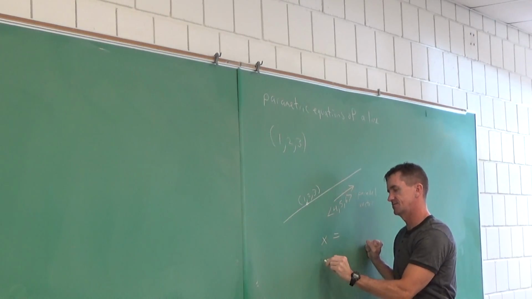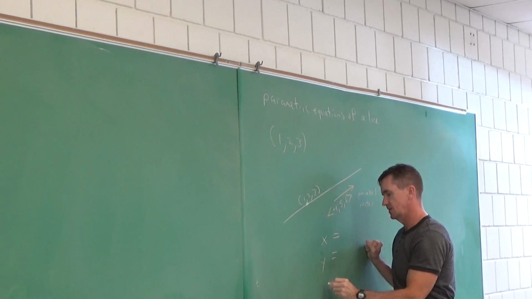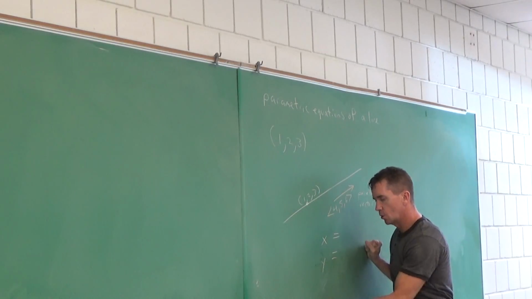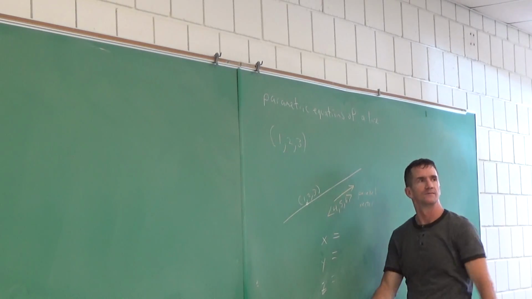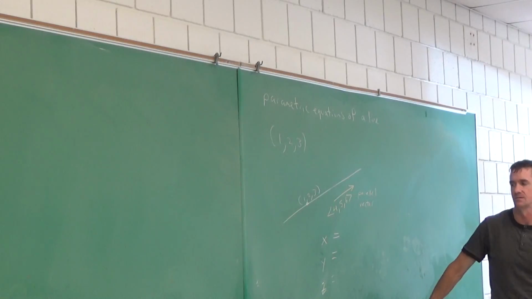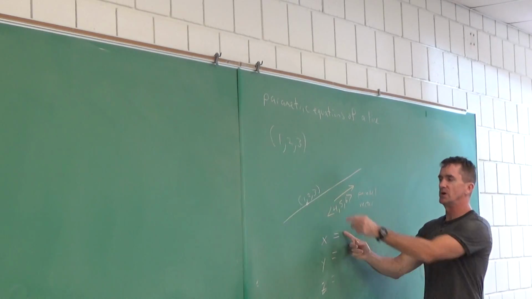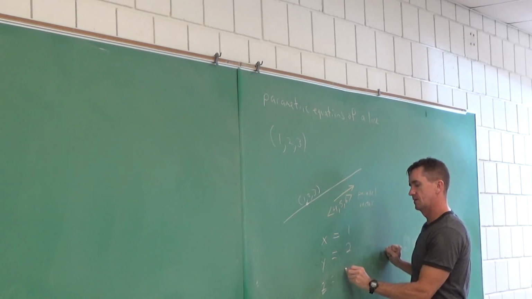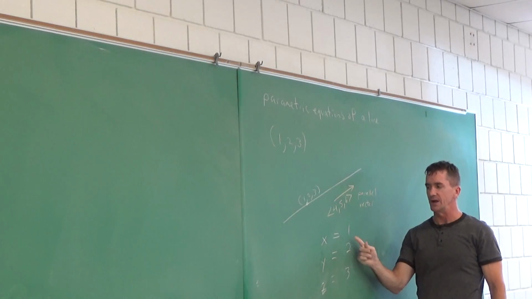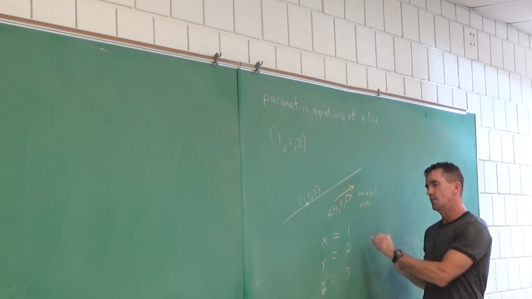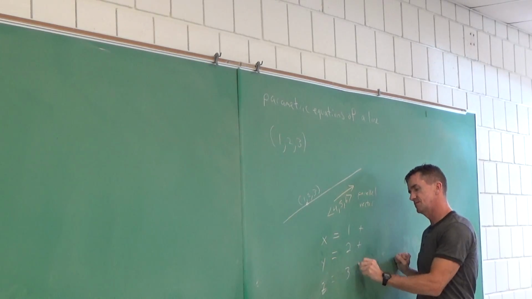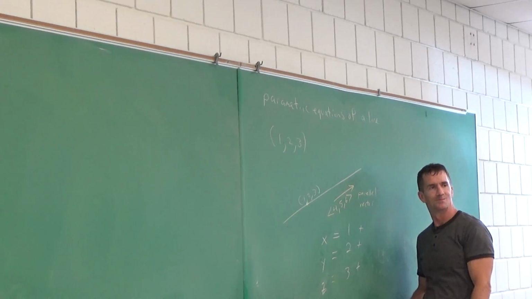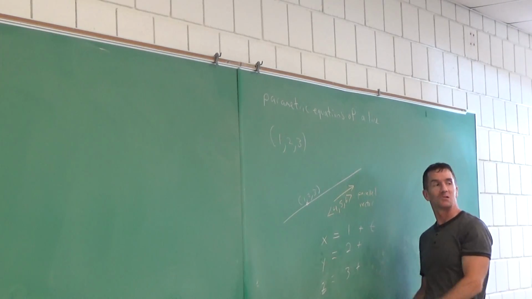You could write this vertically, or you could write it horizontally. I think I'll write it vertically. Put your point down: x equals, put the 1 there, the 2 there, and the 3 there. Put a plus and a plus and a plus. I'm putting that parameter down, t.